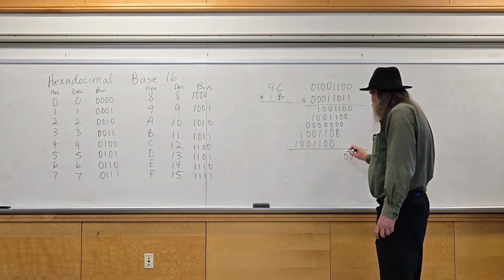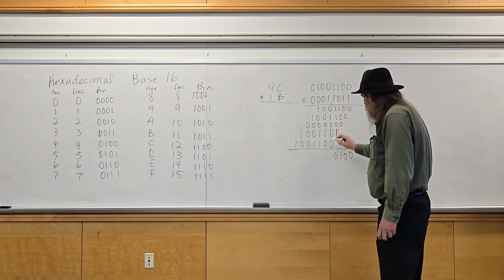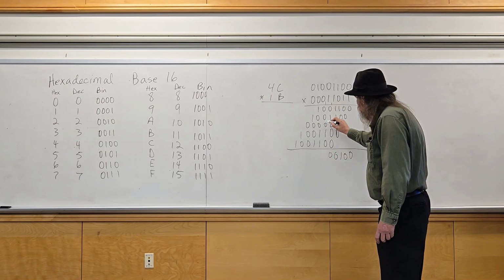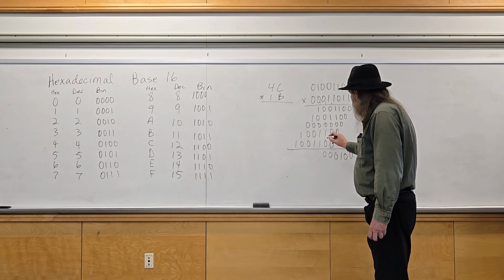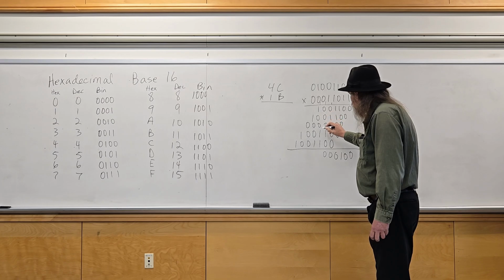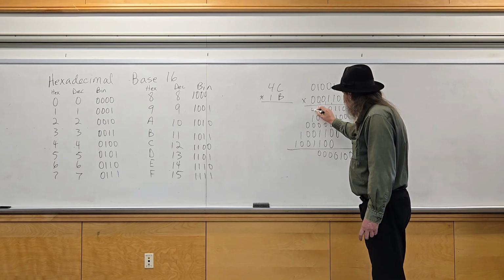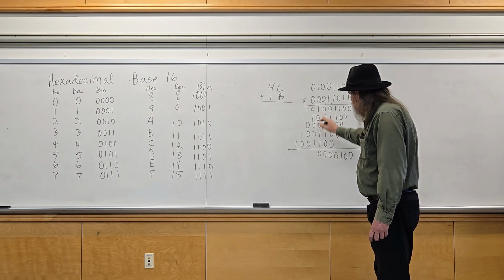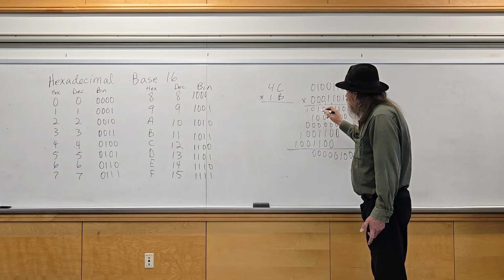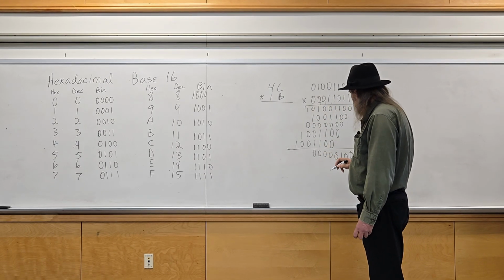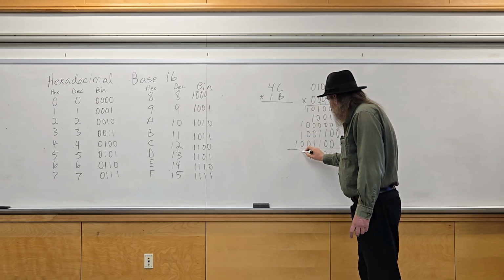And then add up: 0, 0, 1, 0, carry the 1. 1 and 1 is 0, carry the 1. 1 and 1 is 0, carry the 1. And 1, 1, 1, and 1 is 4, which would be 0, carry the 0 and the 1. So 0, 1 and 1 is 2, which is 1, 0, carry the 1. 1 and 1 is 2. 1 and 1 is 2.